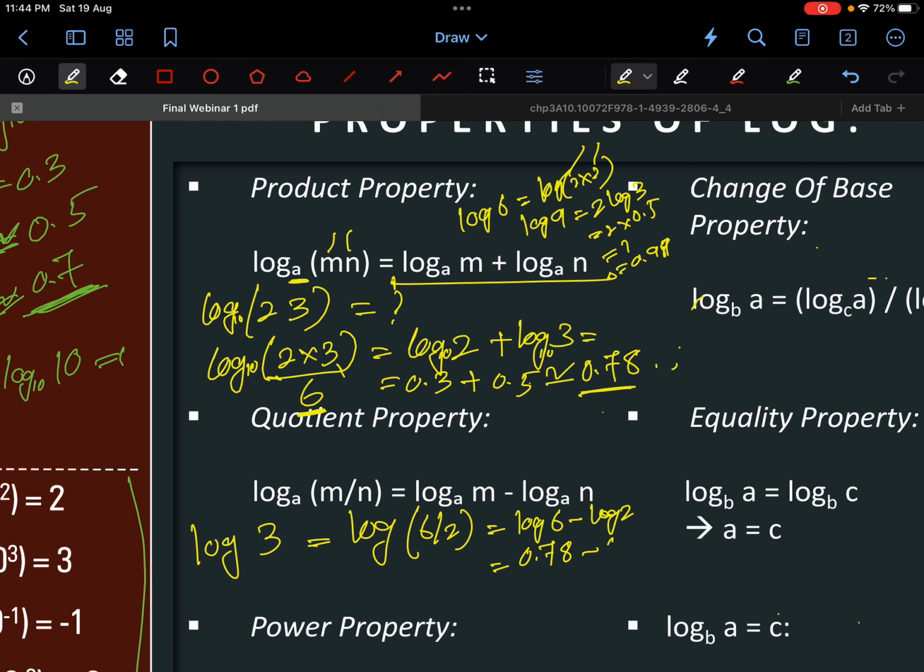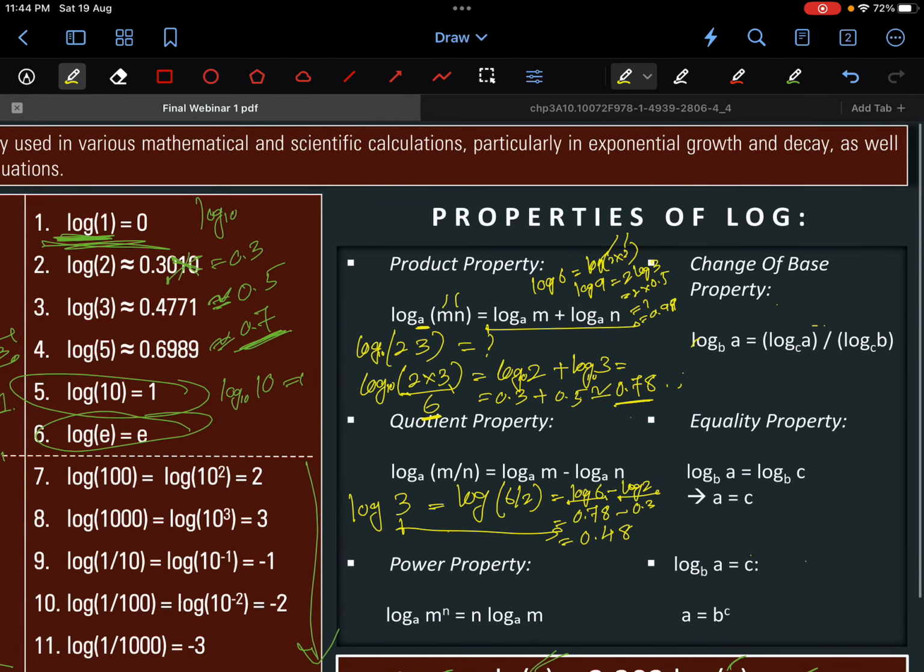So log 6 is 0.8, log 2 is 0.3. What is the final value? The final value is approximately 0.48, and you can see that log 3 is approximately 0.477, so this is approximately 0.48 or very approximately 0.5. So this method is working, right?